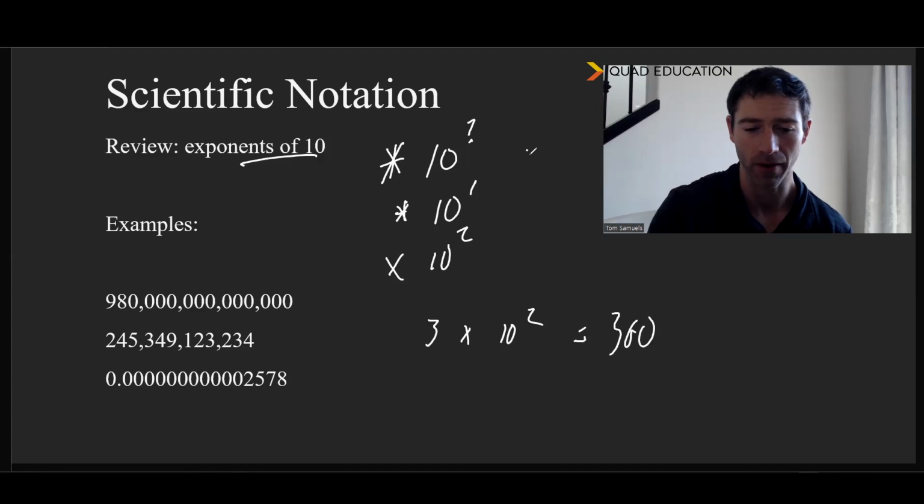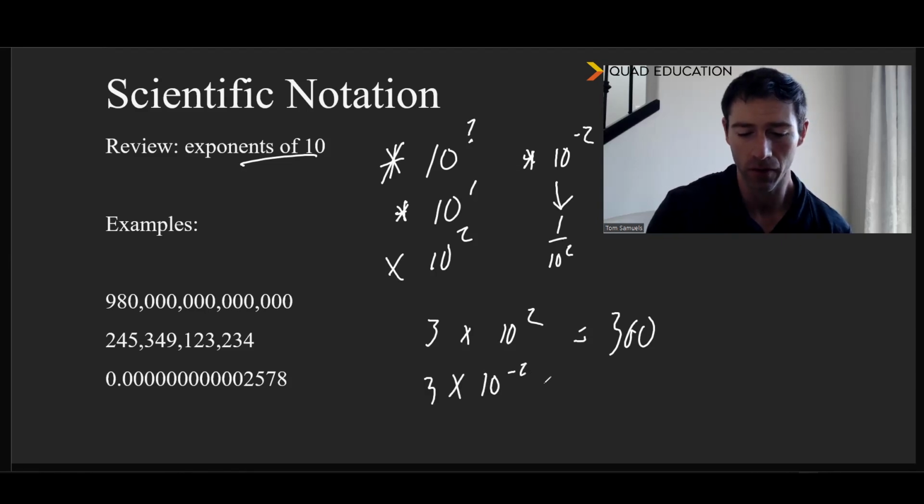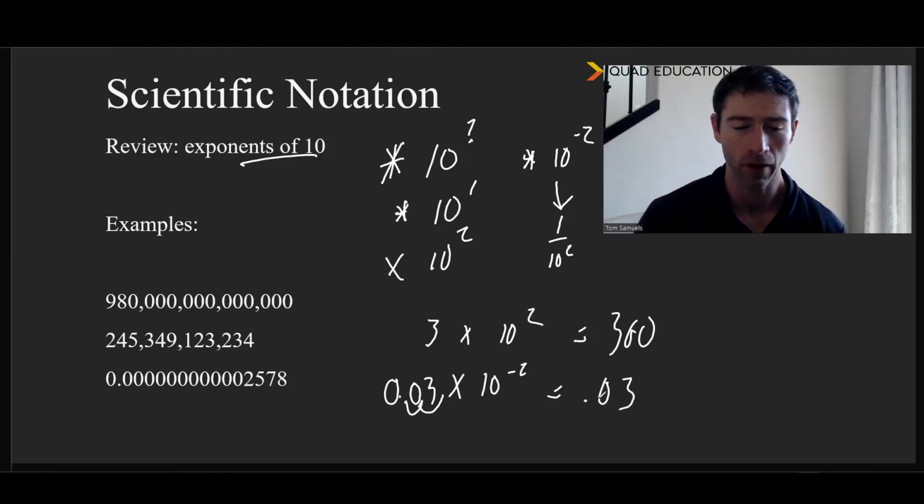And if we have something like times 10 to the negative 2, remembering from our exponents video, a negative exponent represents 1 over whatever that exponent is. So 3 times 10 to the negative 2, we're just going to take that decimal place over once and then twice, to give us 0.03.